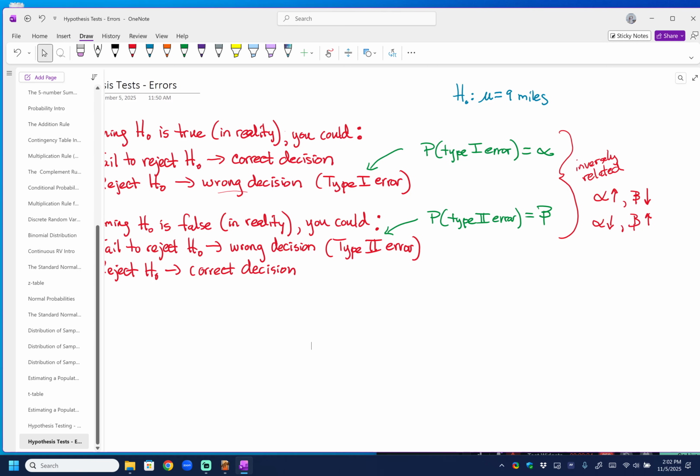Then you would likely try to decrease that as much as possible. But the problem is by decreasing that type 1 error probability, you're actually increasing whatever the type 2 error in context would be. So this is a decision that statisticians have to face. They have to balance it out.